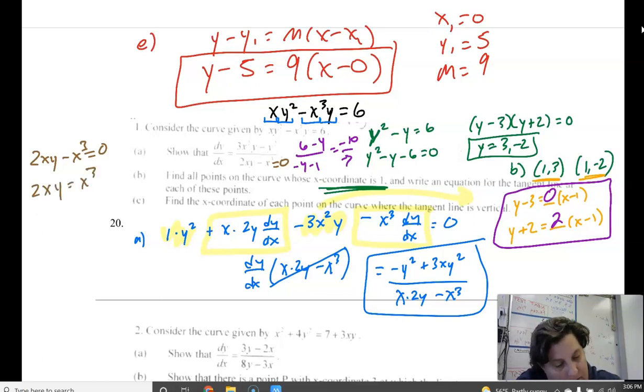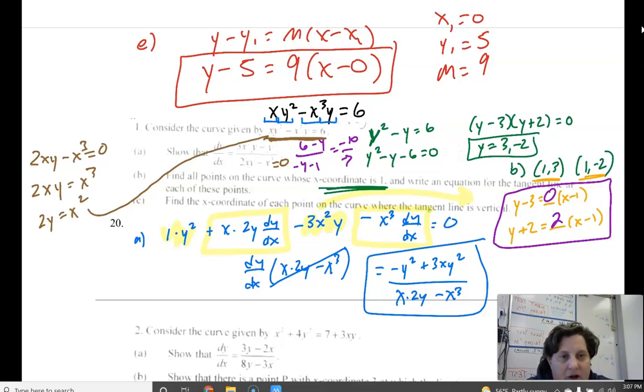If I divide by x right here, I get all the points where 2y equals x squared.